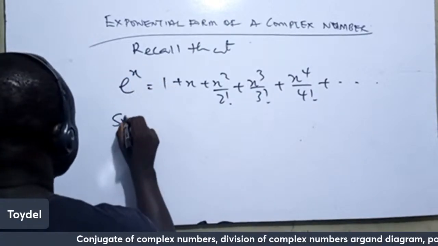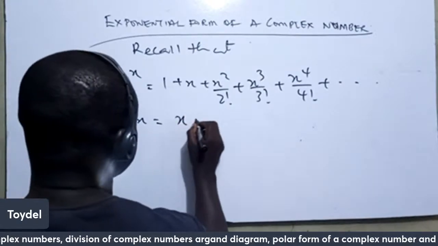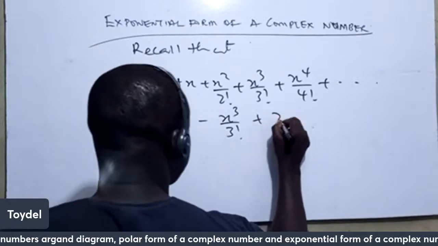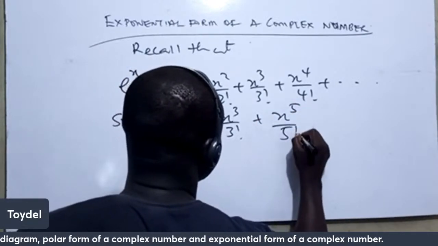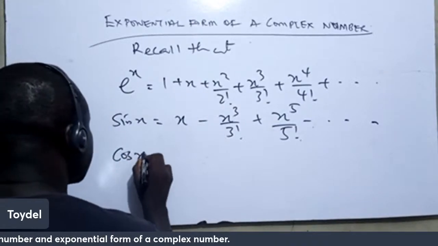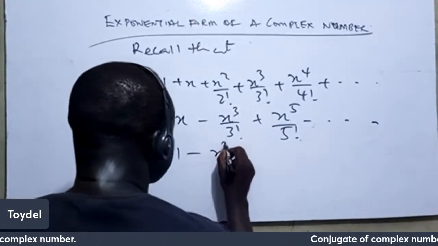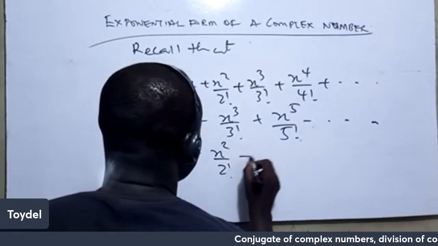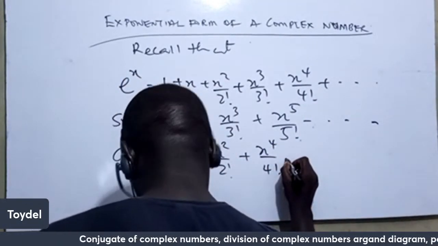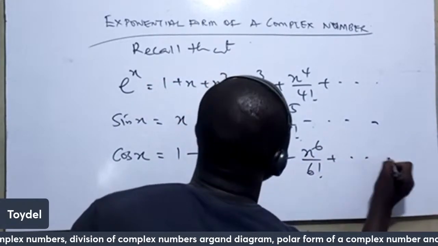Then if you have sine x, the power series expansion of sine x is given as x minus x cubed all over 3 factorial plus x raised to power 5 all over 5 factorial minus dot dot dot. We also know that the power series expansion of cos x is 1 minus x squared all over 2 factorial plus x to the power 4 all over 4 factorial minus x raised to power 6 all over 6 factorial plus dot dot dot.